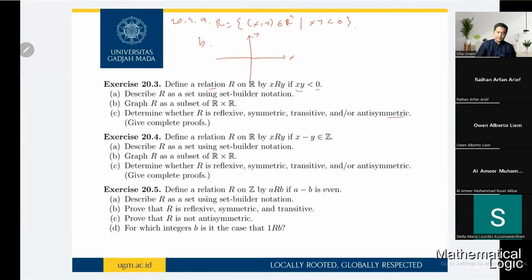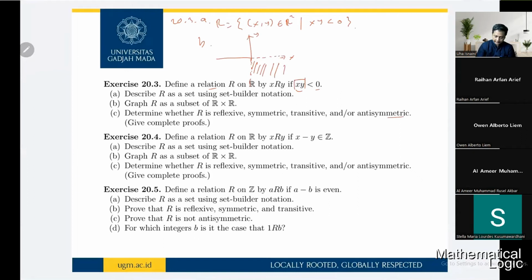When X is positive, then Y is negative. It should be here, correct? But we cannot include 0. So whatever is on the axes is not included. So how to draw a dashed line here? Whatever here is not included, because when X is 0 or Y is 0, it will mess everything up.